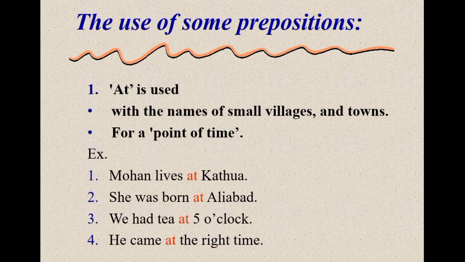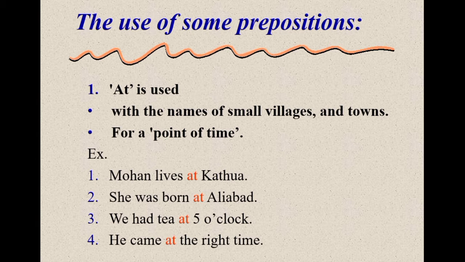So when you want to describe small villages and towns, at that time you can use at. At is also used for a point of time. Means if you want to describe a particular point of time, at that time you can use at.